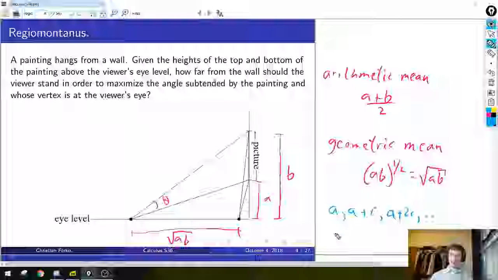And if you have a series where you start with a and then start multiplying, ar, ar squared, and so forth, then this is called a geometric series. So I think the language around the means comes from the two types of series rather than from the problem. But I could be wrong. I don't know the history of this that well.